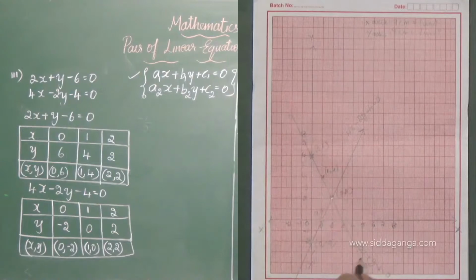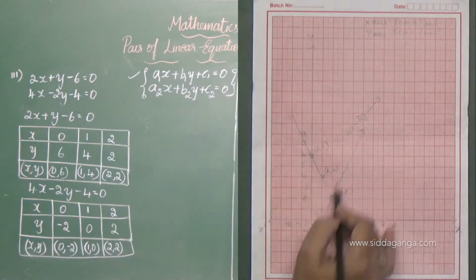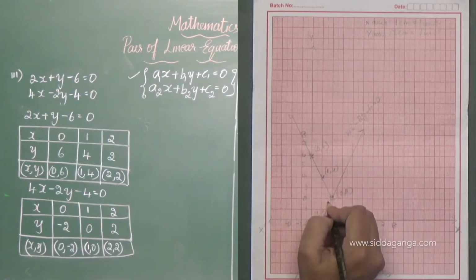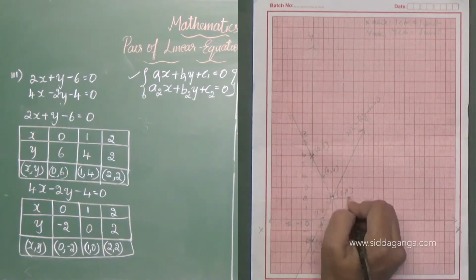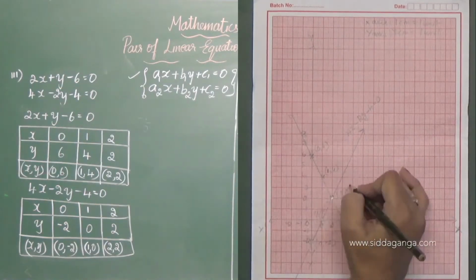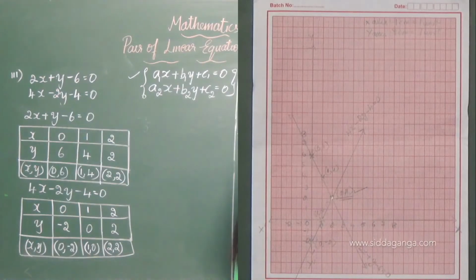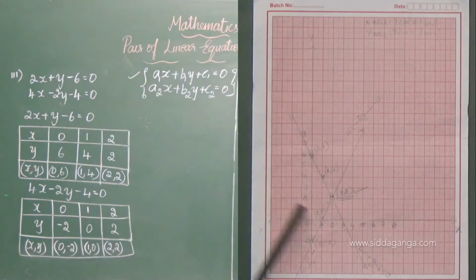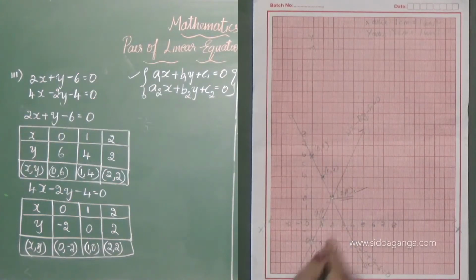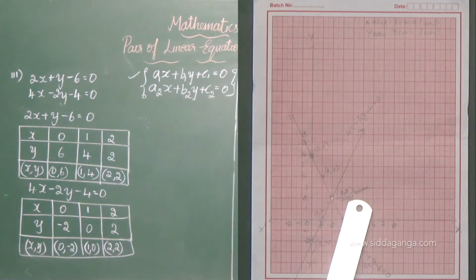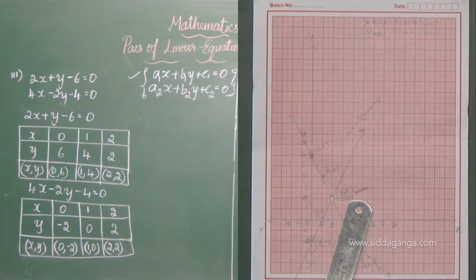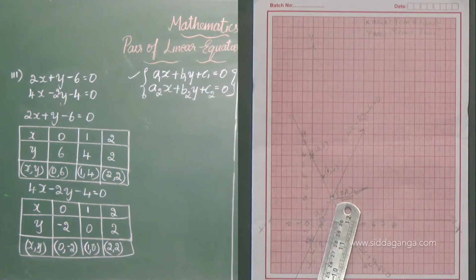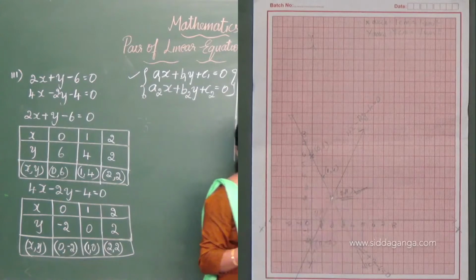Now just observe carefully, the two straight lines are intersecting at this point, that is 2 comma 2. So what conclusion can you come to? 2 comma 2 is the solution of this pair of linear equations. In the previous graph we got infinitely many solutions, but in this case you will get 2 comma 2 as a solution. I hope it is clear now.